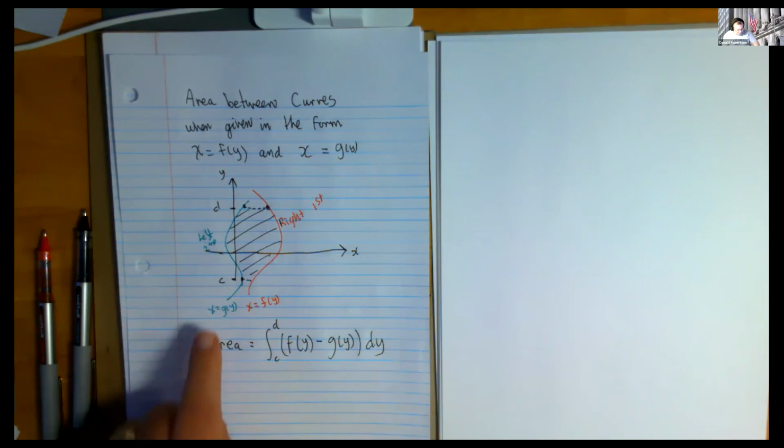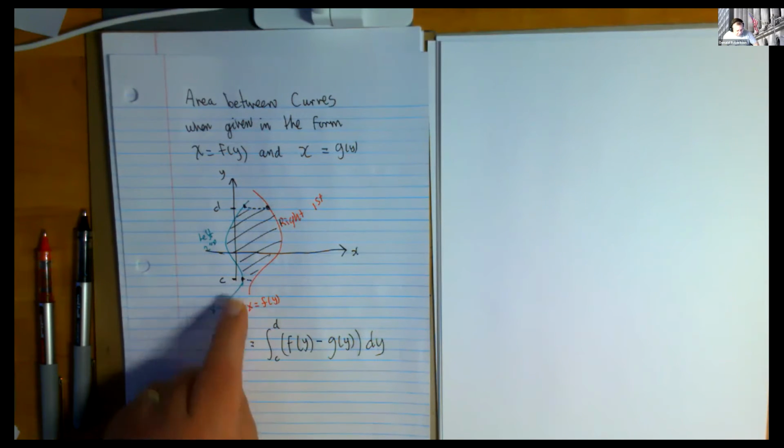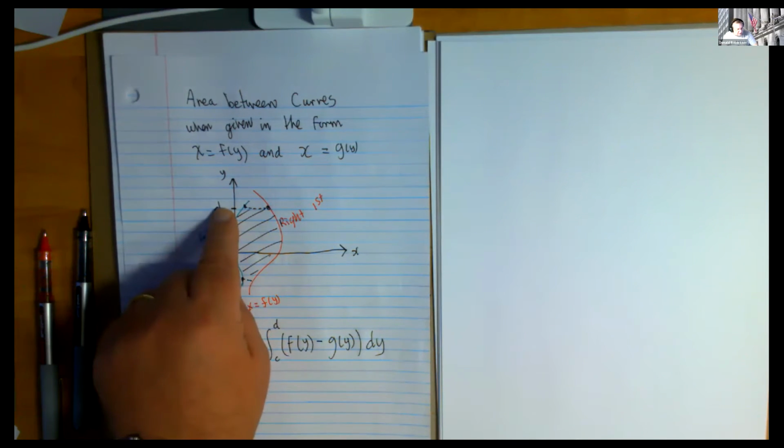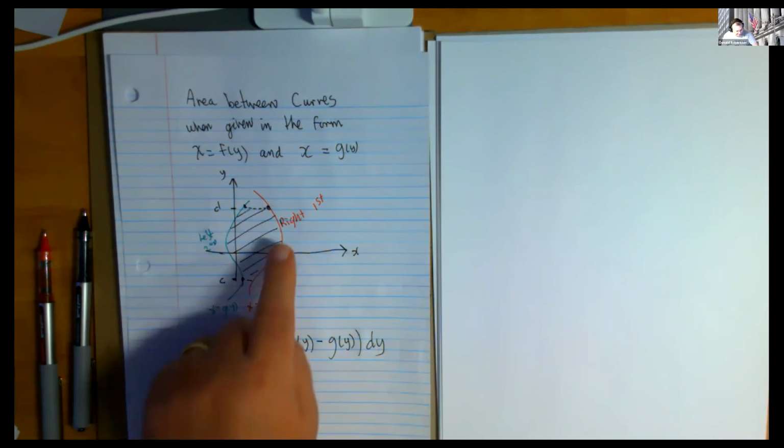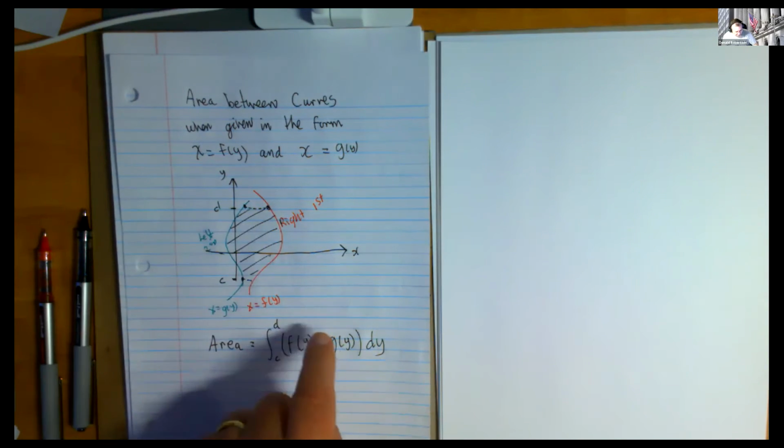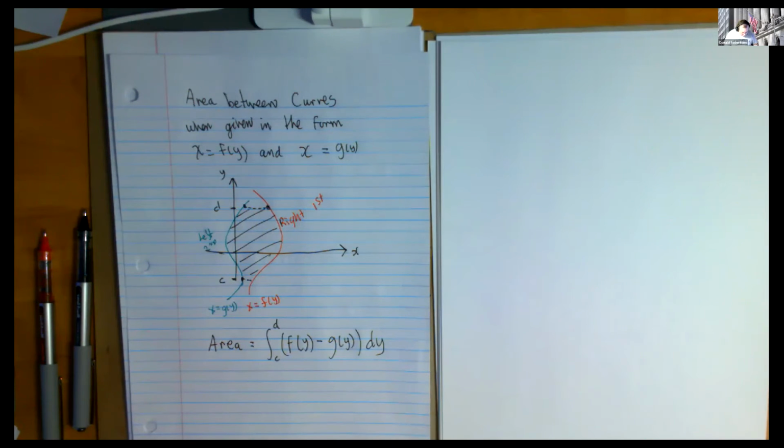And the formula is pretty much the same. It's from y equals c, whatever that number is, to y equals d, whatever that number is. It's going to be one function take away another. So the problem was, when it was the x's, wasn't it high guy first, take away low down guy second?